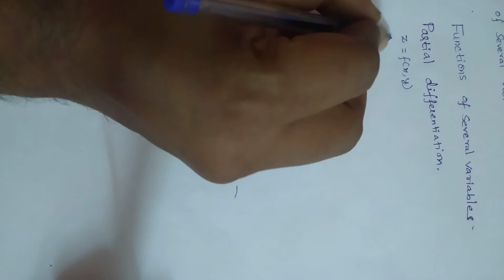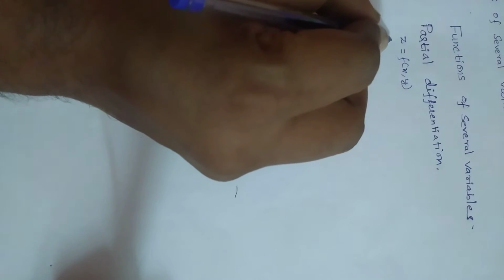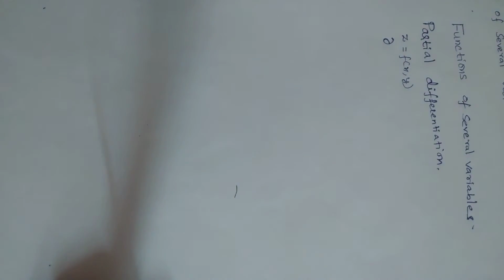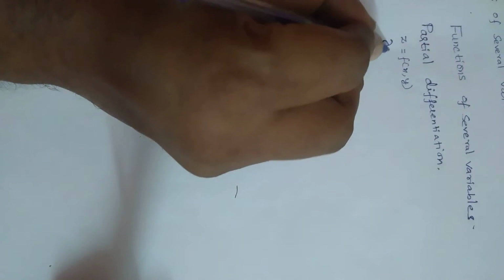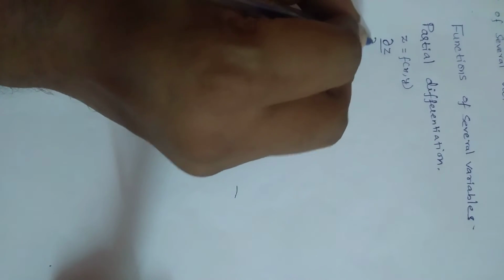Partial differentiation is denoted by the symbol ∂ (dou). ∂z by ∂x means differentiation of the function with respect to x, keeping y as a constant.